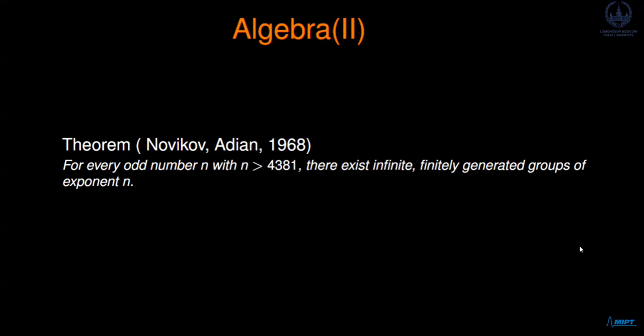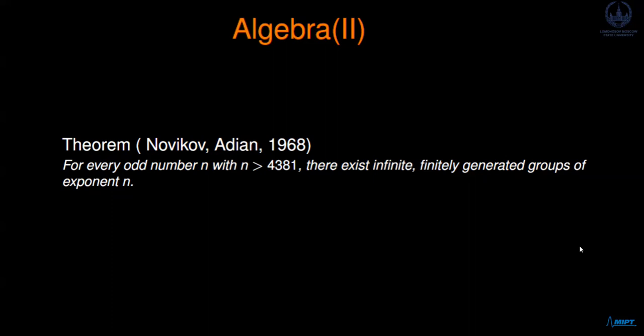Let's break this down. A group is said to have exponent n if for every element g in the group, the relation g to the power n equals e holds, where e is the identity element of the group. We'll see this more precisely in the next slide.